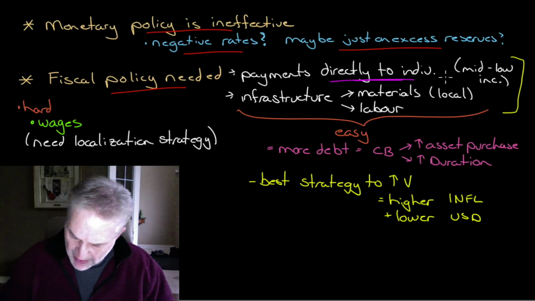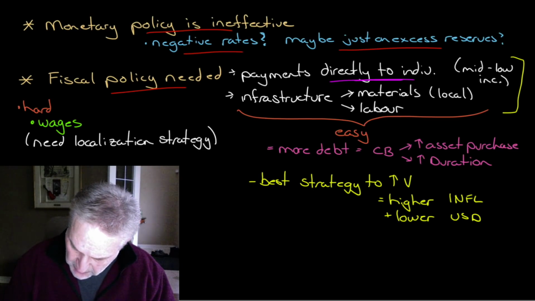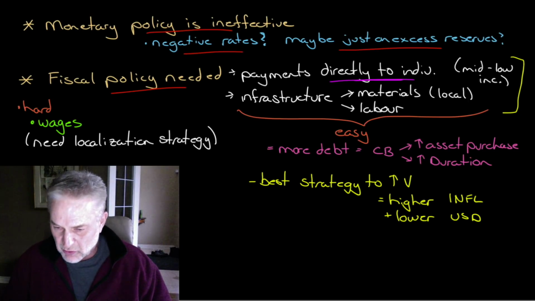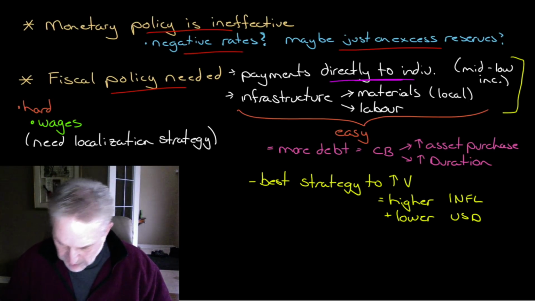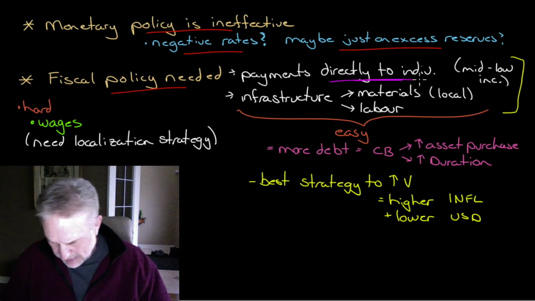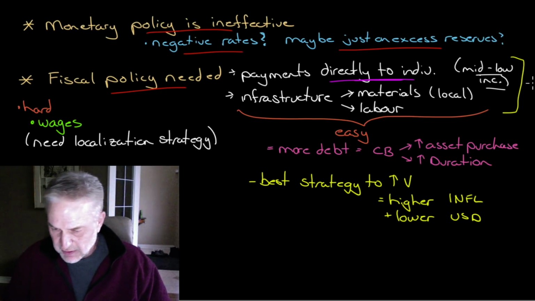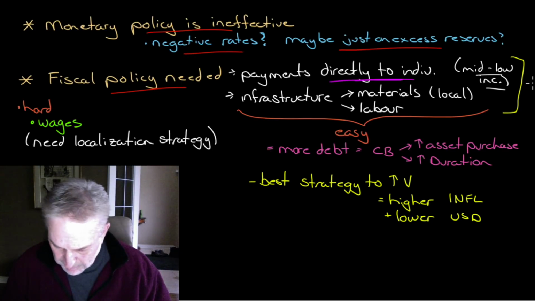You did have some of that in the $900 billion spending bill that was just passed. But we're going to want to see more of this stuff. Payments directly to individuals, that can increase the multiplier. And make sure it's to mid to low income individuals. There would be no point in sending me any money. What would I do? I don't spend all I make anyway, so sending me money isn't going to do anything.